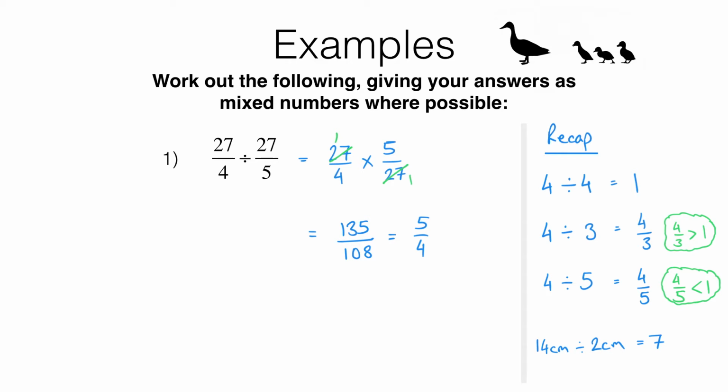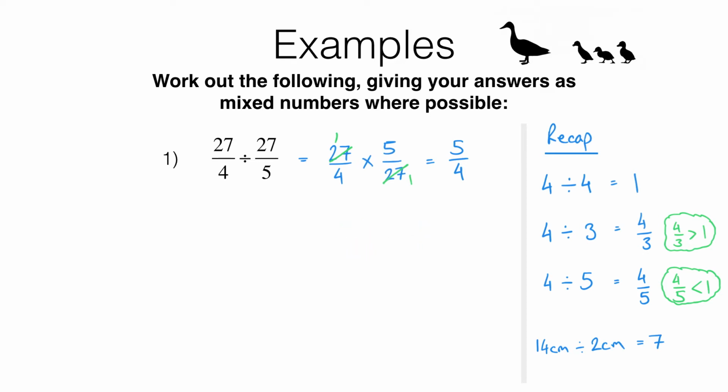So we are simplifying before doing the working out, and then we would get straight to the answer. Effectively, we would be doing 1/4 multiplied by 5 over 1, or just 5, and we would get straight to 5/4. So we wouldn't have to worry with this extra working down here.